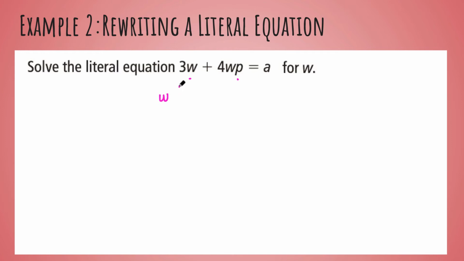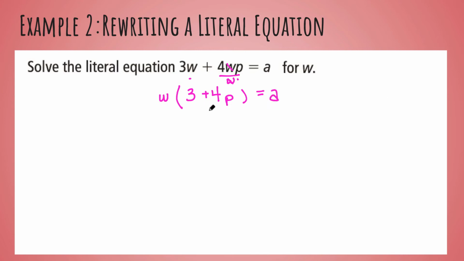So when we divide 3w by w, we're left with 3. And when we divide 4wp by w, the w and the w cancel, and we're left with 4p. And this is equal to a.